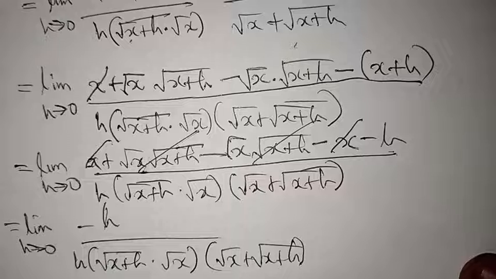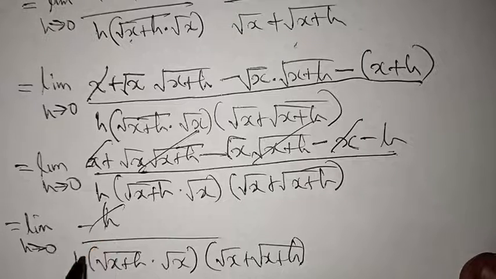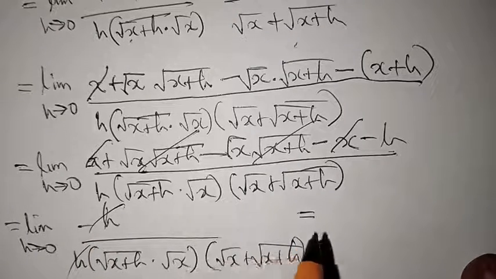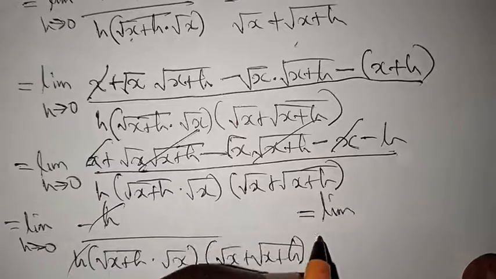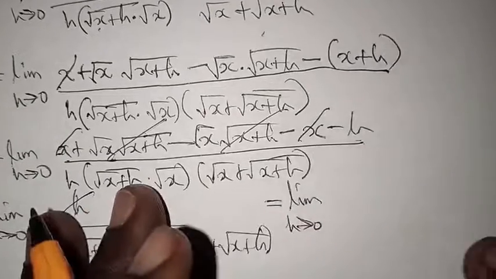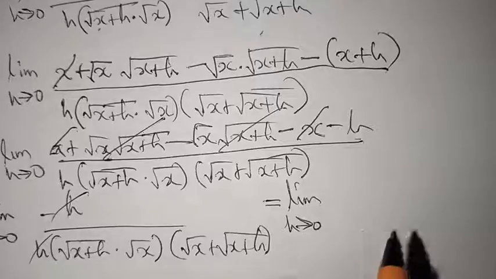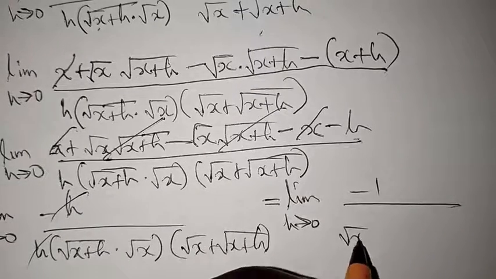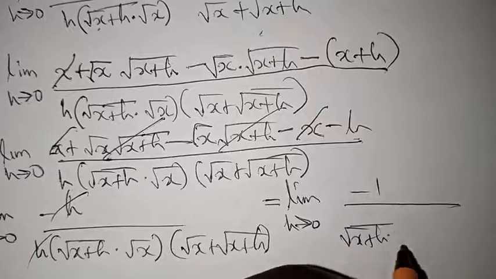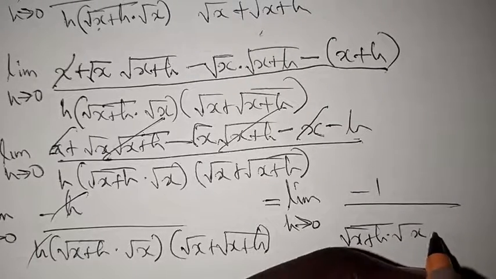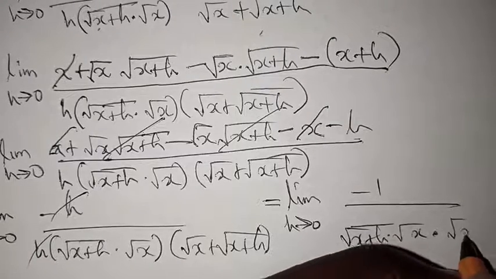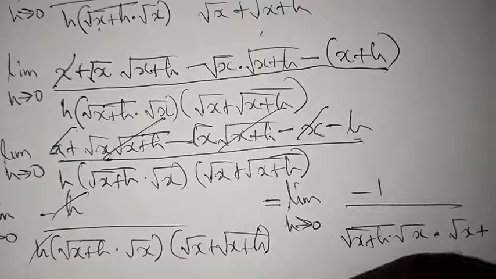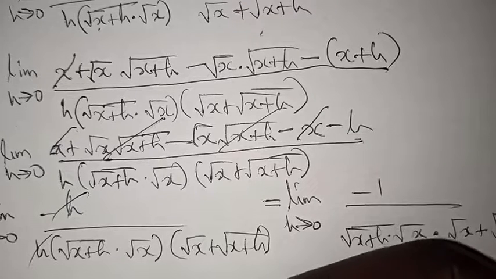Now after this, the h and the h will divide, meaning that we're going to have the limit as h approaches 0 of negative 1 over square root of x plus h multiplying with square root of x, again multiplying with square root of x plus square root of x plus h.